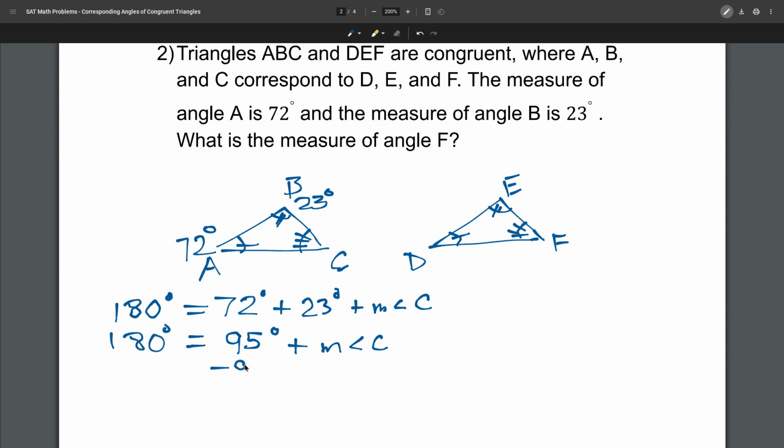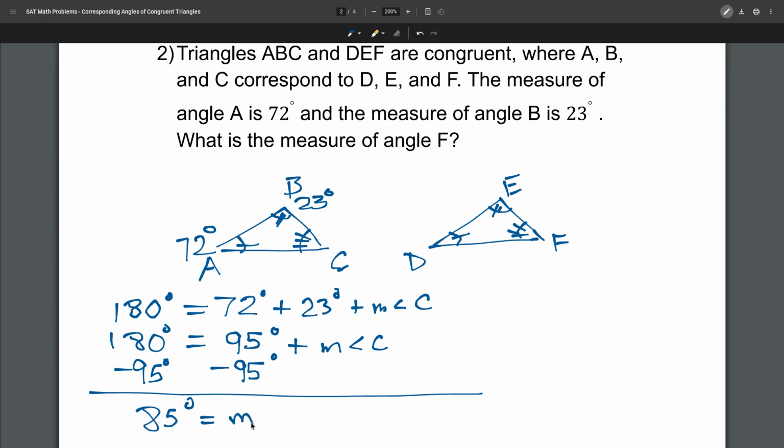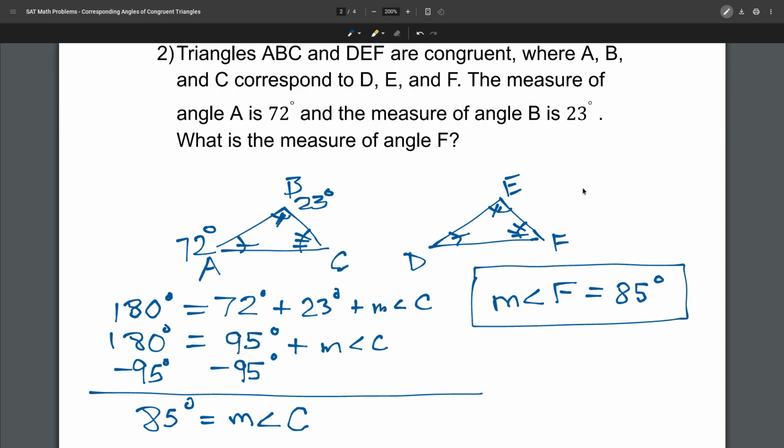We're going to subtract 95 from both sides. 180 minus 95 is going to be 85 degrees, which is going to equal 95 minus 95 is 0, so it's just going to equal the measure of angle C is 85 degrees. Now the measure of angle C is the same as the measure of angle F, so the measure of angle F is going to equal 85 degrees. There you go. All right, let's try another one.